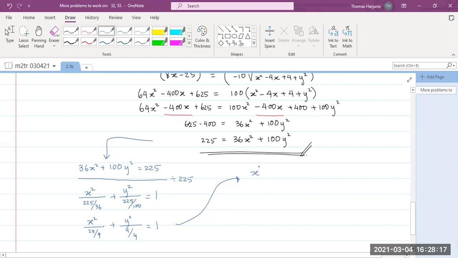This is x squared over 5 thirds squared plus y squared over 3/2 squared equals to 1. Now notice that it fits the pattern of x squared over a squared plus y squared over b squared equals to 1.